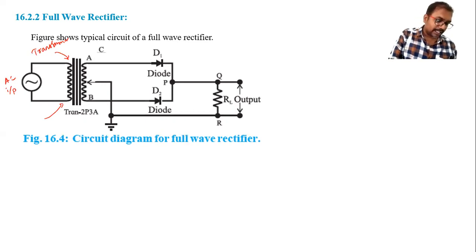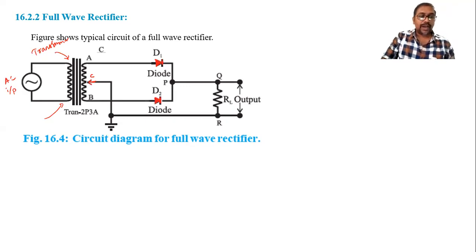At the center here you can see an arrow, which means it's a center tap transformer. Now this is a diode. This is diode D1 and this is diode D2. These two diodes are connected in such a way that either one diode gives you the output.